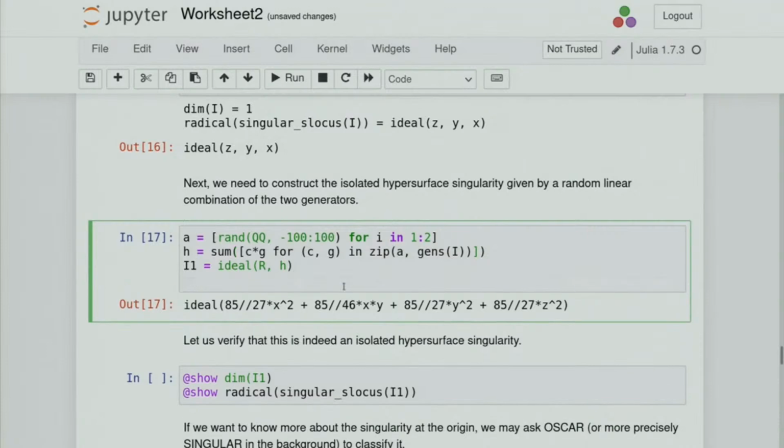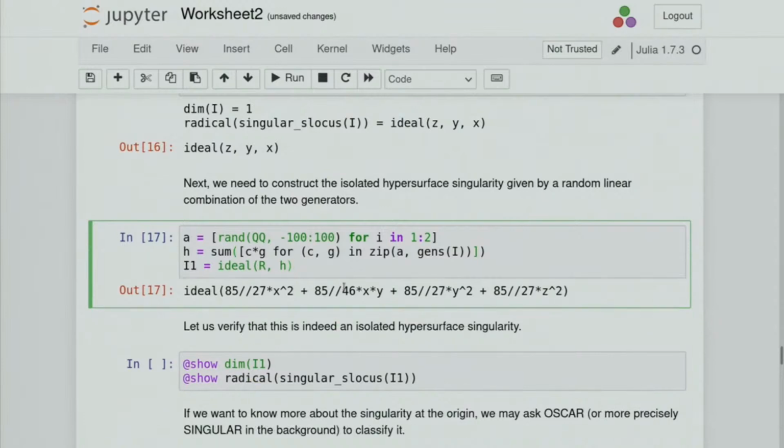You just took a polynomial instead of an ideal. Sorry, say again? You just took a principal ideal instead of the ideal generated by 2 generators. Ah, yes, that's true.